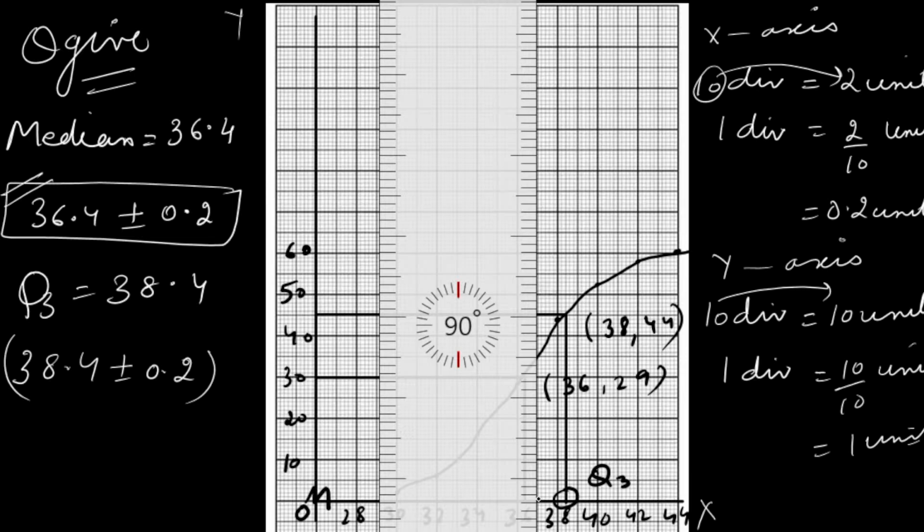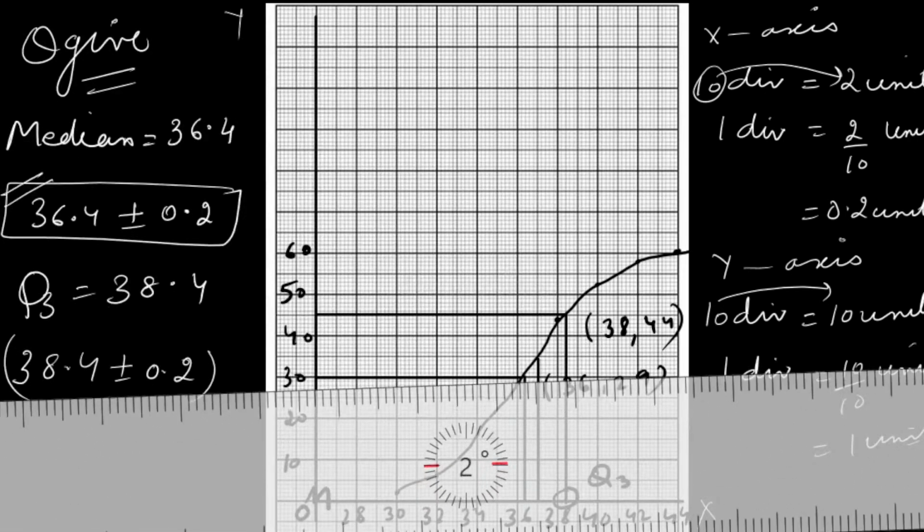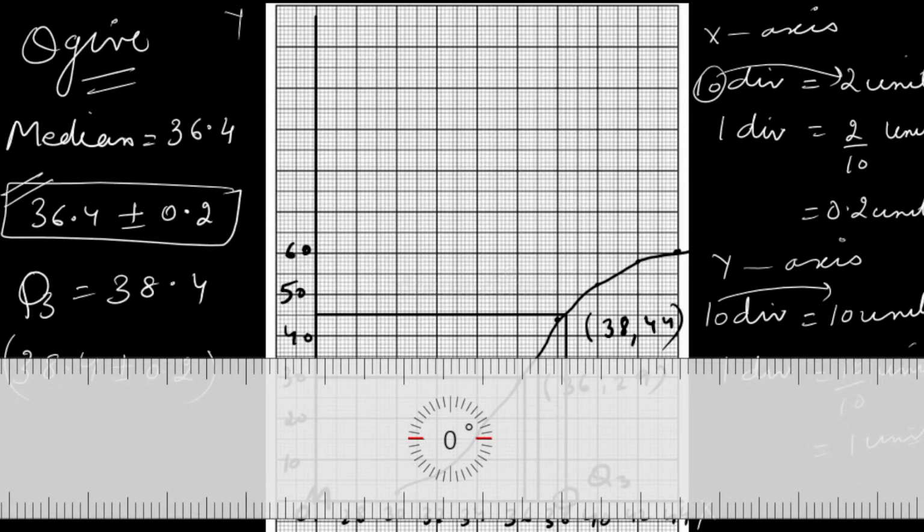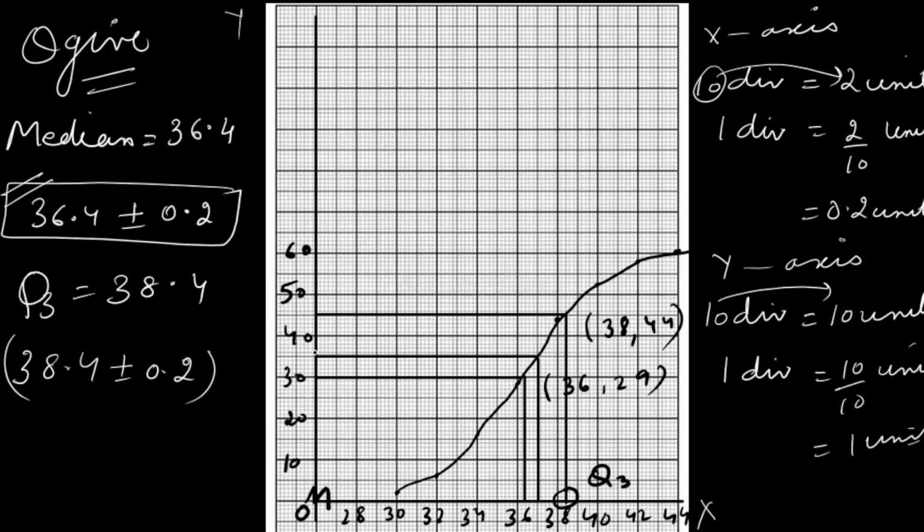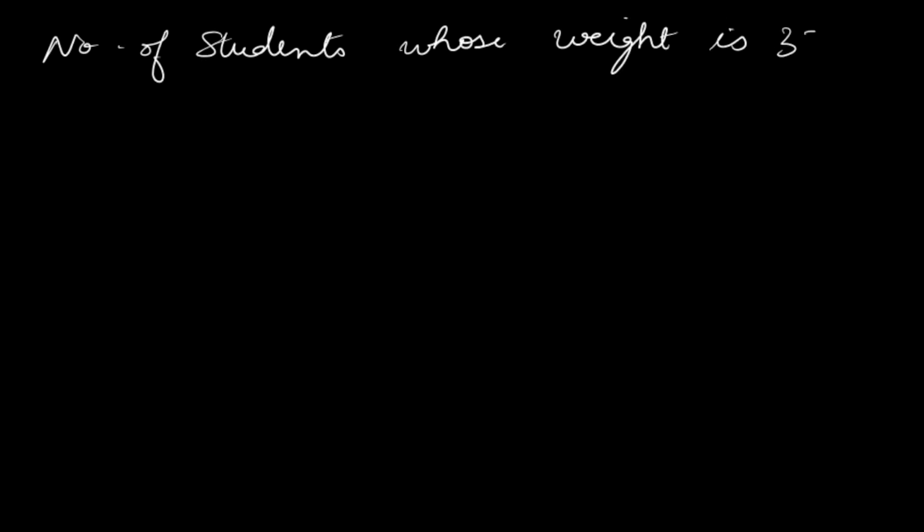So from the x-axis I am drawing one vertical line which is meeting the curve, and the point where it is meeting the curve, that point I am joining with the y-axis. So how many students have weight 37 kg?